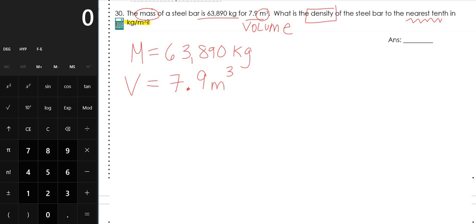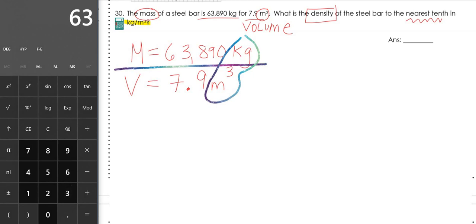In other words, kilograms divided by meters cubed. So that should tell you right away, all you need to do is take your mass, which is in kilograms, divide by meters cubed. And then you'll have that unit of measurement, kilograms over meters cubed. So let's go ahead and divide in the calculator, and then we'll talk about the density triangle.